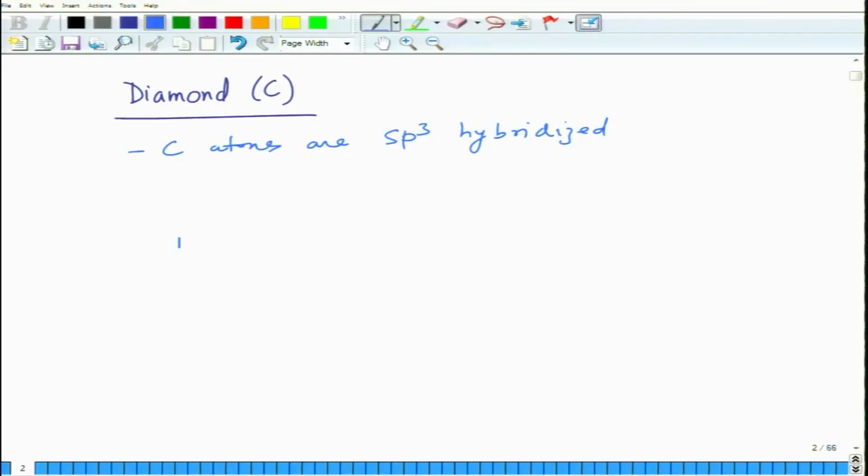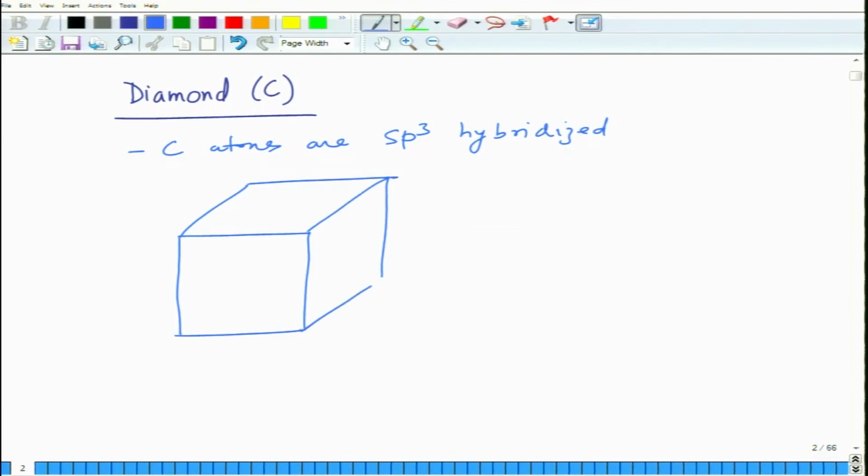So, for example, in case of diamond, if you make a unit cell of diamond, carbon atoms are arranged on the face centers of a cube, and then carbon atoms are also present at the tetrahedral sites, but not all tetrahedral sites are present, otherwise you will violate the covalent bonding.